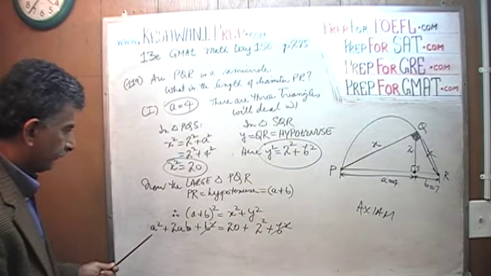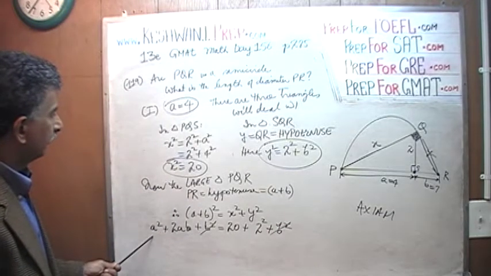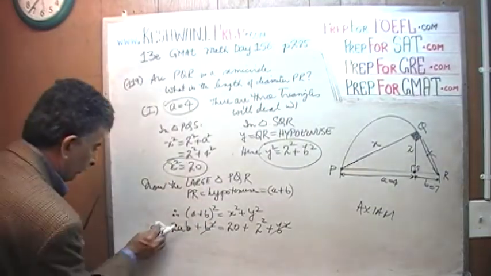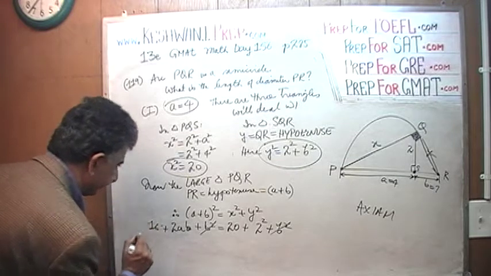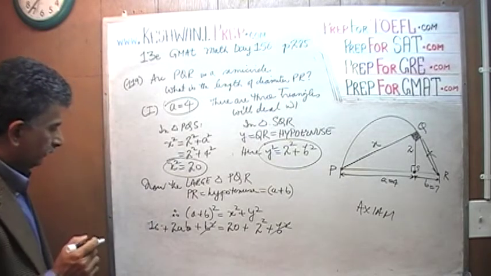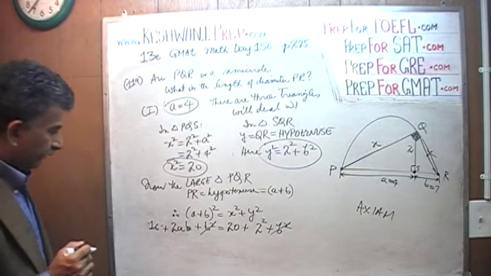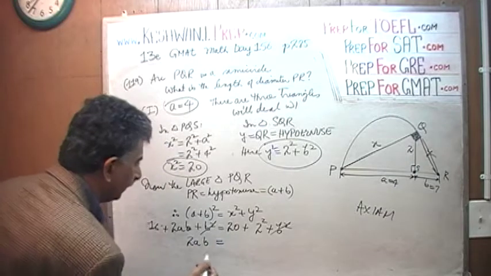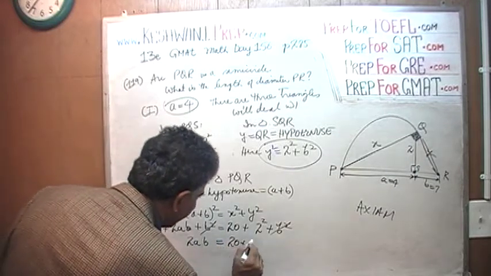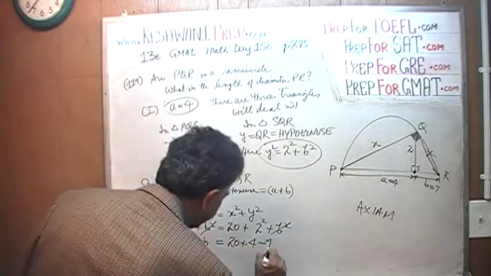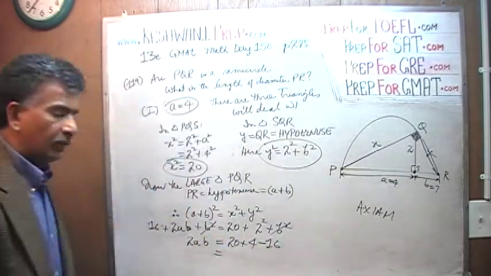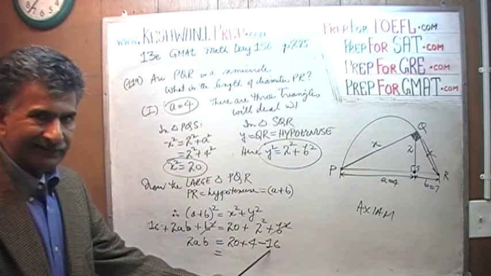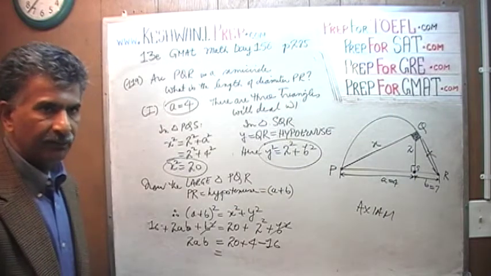And you'll end up with, we know how much A squared is. We are told A is 4, so A squared will be 16, so I'm going to put 16 here. And therefore 2AB, 2 times A times B, would be 20 plus 4 minus 16. 20 plus 4 is 24, minus 16 is 8.